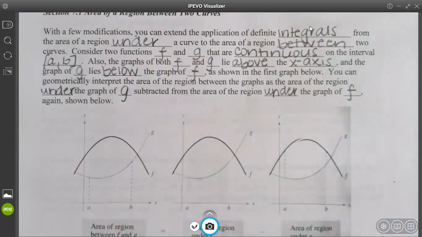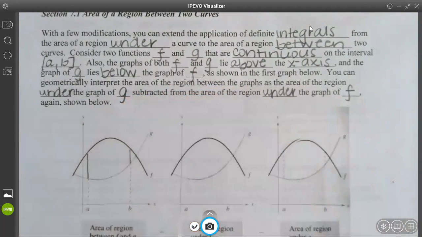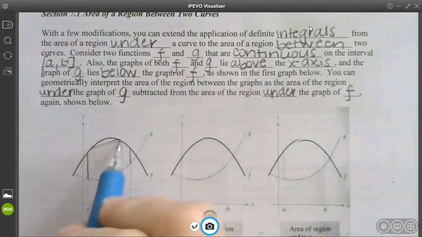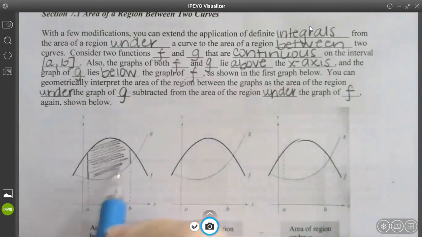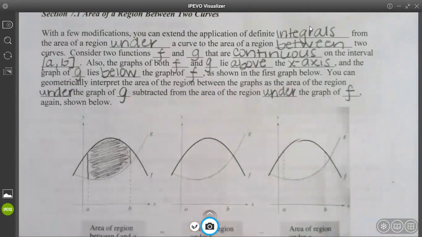While he's copying that down, what you can't see on this paper are the shades. So the area between f and g on the interval a to b, the area that we're trying to find, is this little shaded area right here.